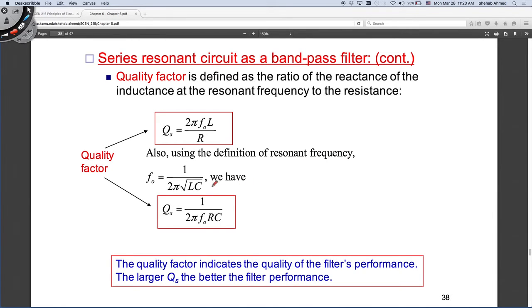You will get quality factor in terms of R, C and F instead of L and R. Okay?